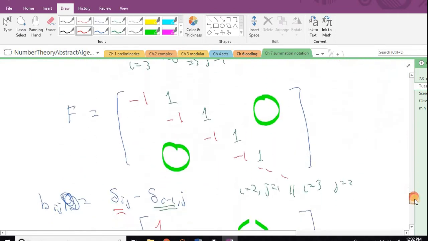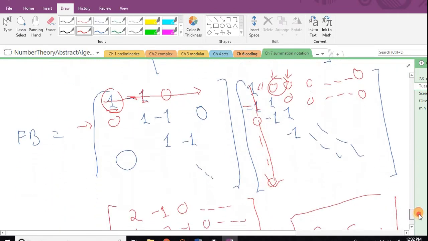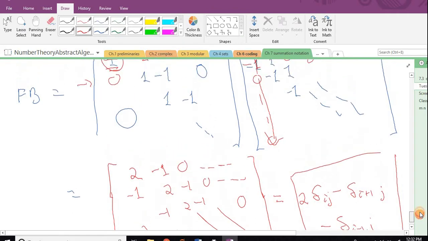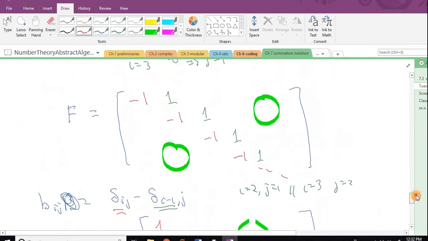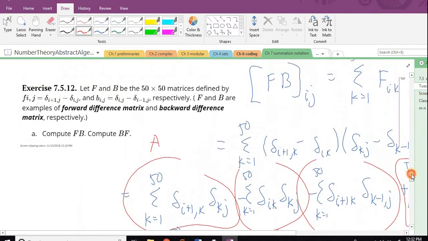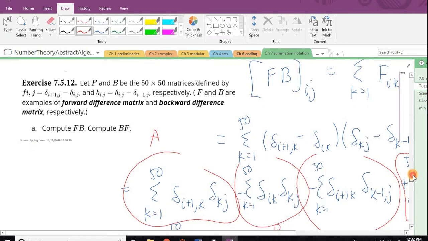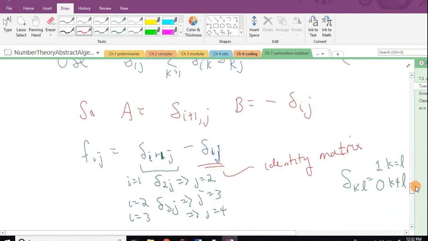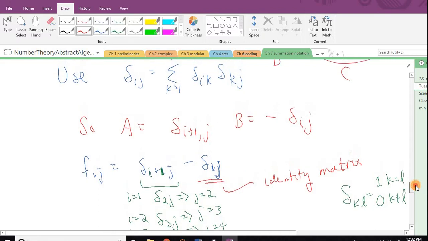Now, did I screw up something? That's a little funny there. It looks like I got the signs reversed or something. That's what I'm trying to figure out. Delta i plus 1, j. Oh. Well, no, that should be right.